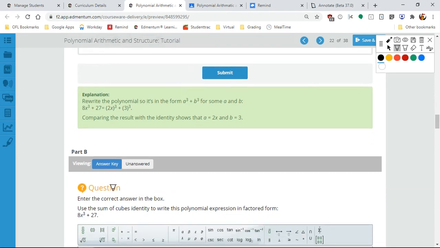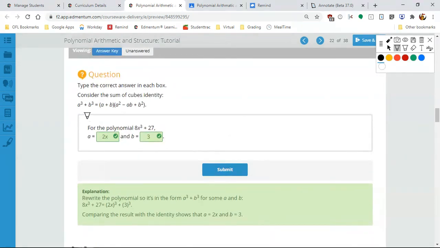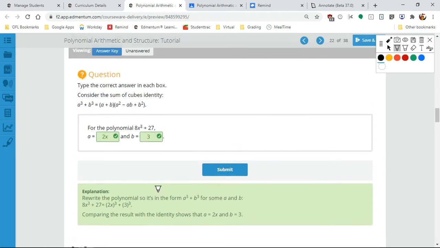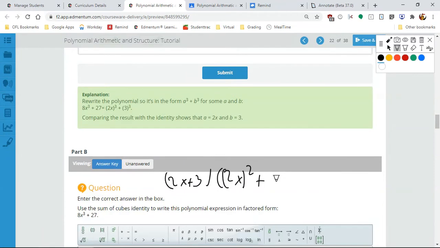So if we look at the formula up here, it's a plus b. Okay, so that means I'm going to do this x plus our b, and then I'm going to do this 2x squared plus, I believe there's a 2 in the middle. Nope, there's just a minus. I'm so sorry, that was my bad.